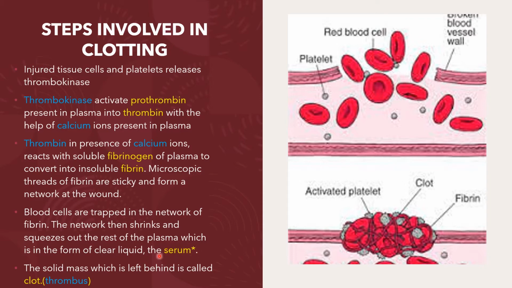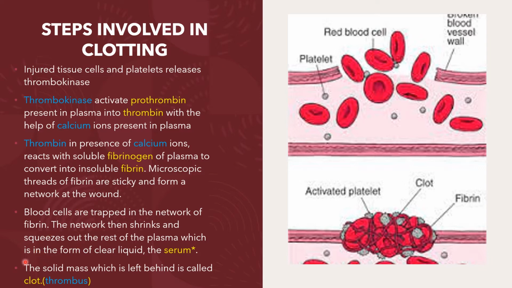You already learned about serum in circulatory system part 2. Serum means the plasma from which the protein fibrinogen has been removed. The activated form of fibrinogen is fibrin.